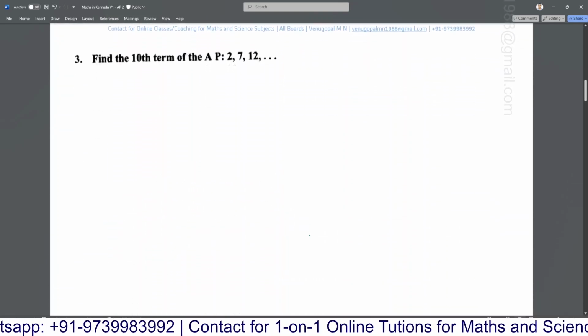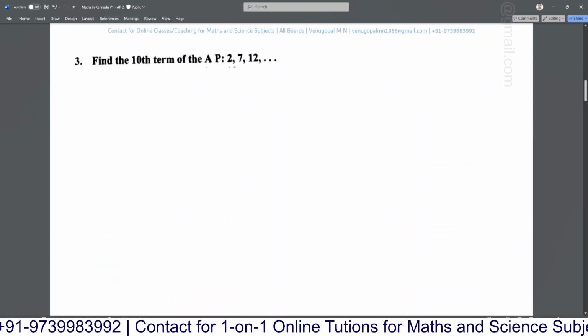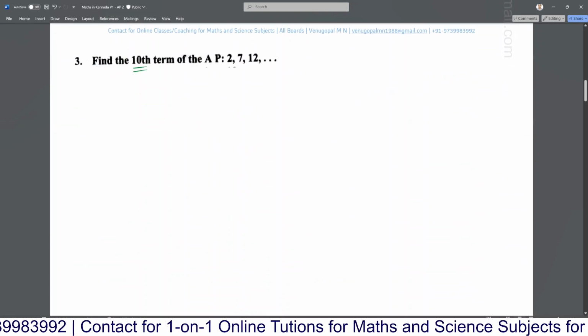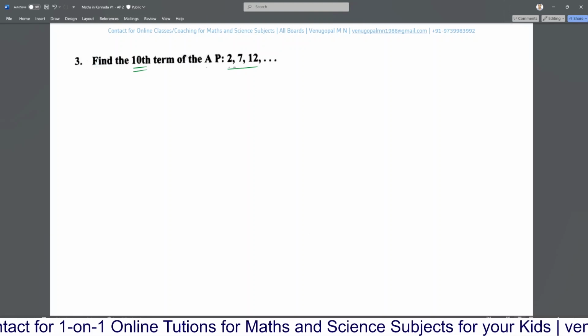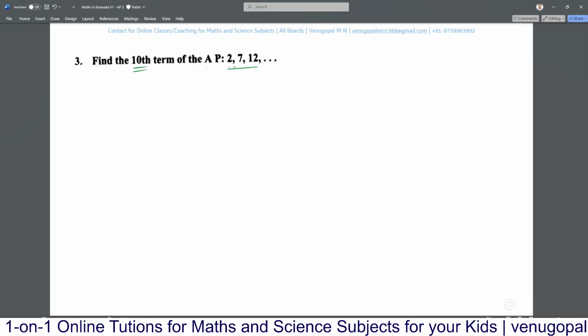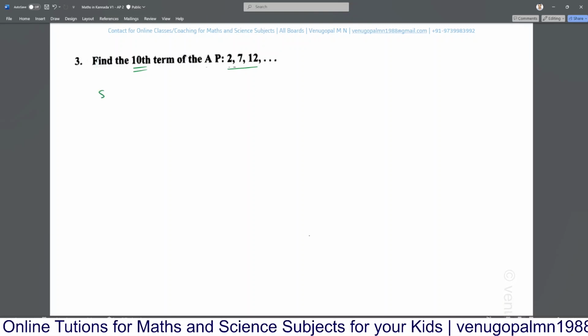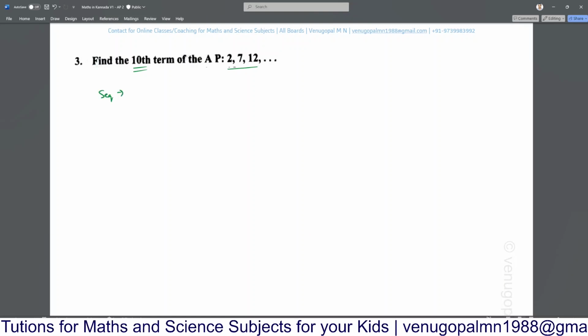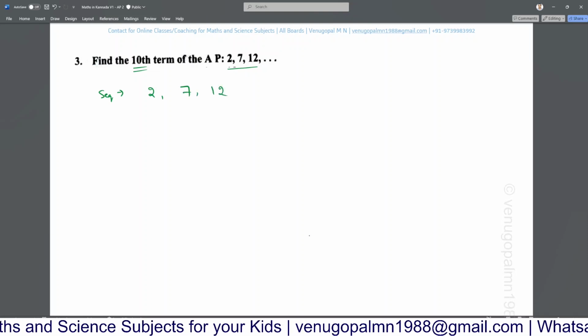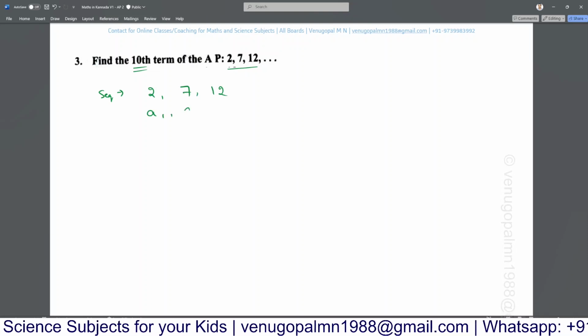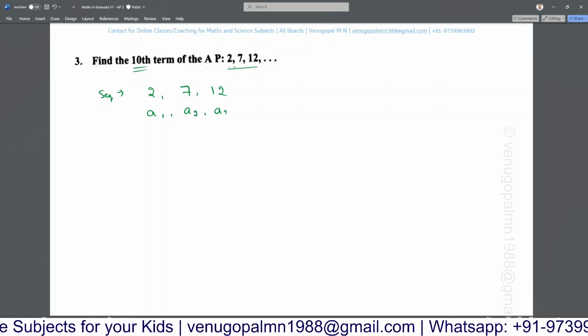Similarly, let us move on to the third example or third question. Find the 10th term of an arithmetic progression. They have given an arithmetic progression, so we have to find the 10th term. In this, what is the sequence? The AP is 2, 7, 12. 2 is A1, then A2, A3, correct?